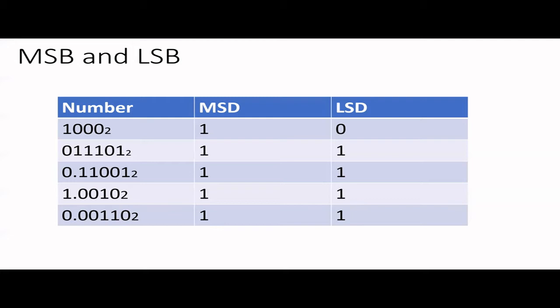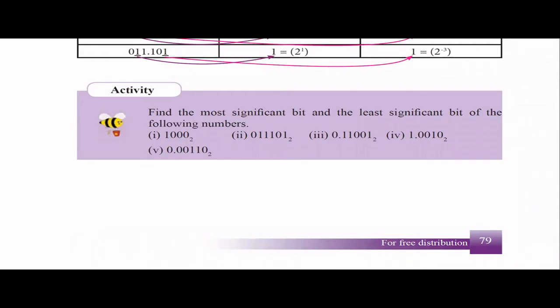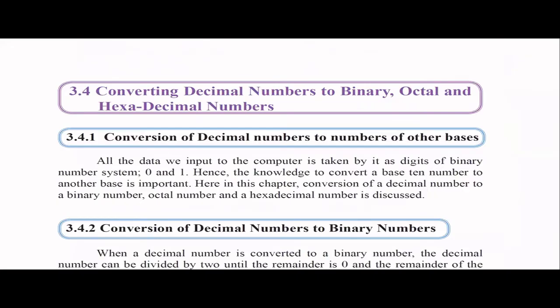And the most significant digit will be the left extreme number, which is not a 0. So 1 again is the answer, because having these zeros is not changing any value. Having zeros here also is not changing anything. Understood? So hope you understood this exercise.